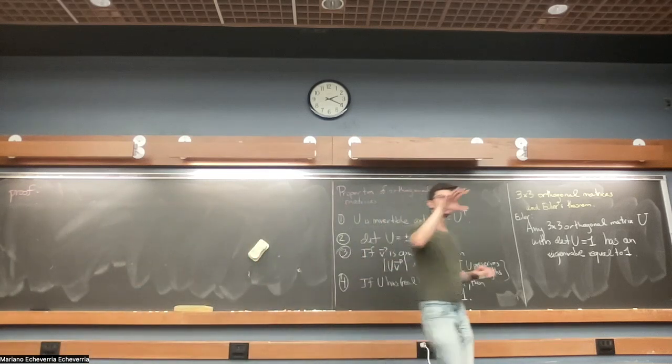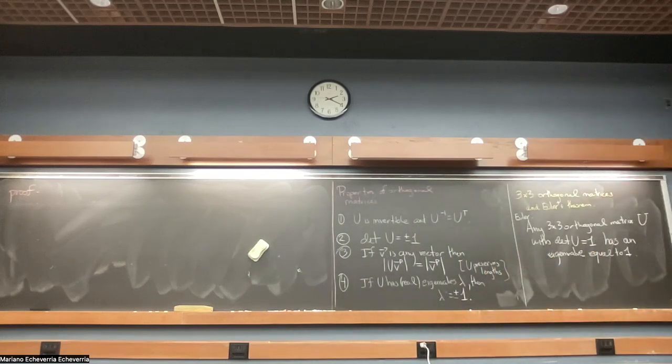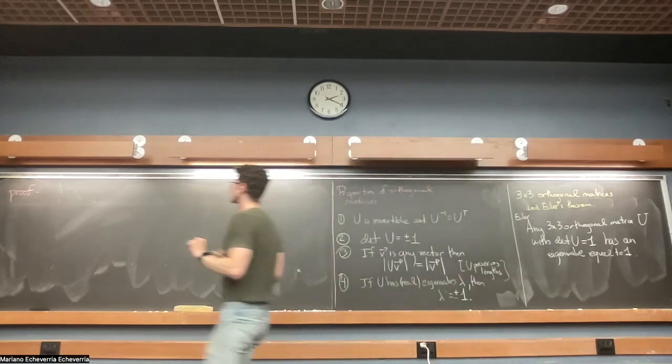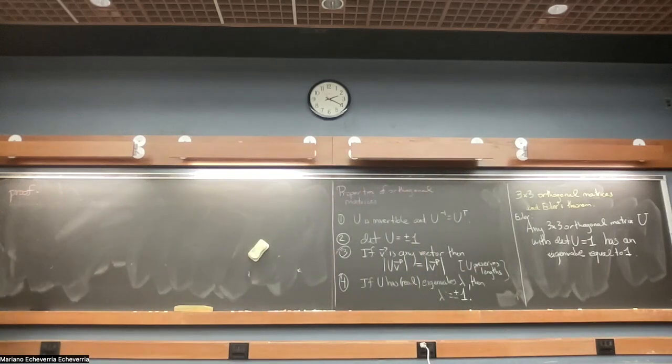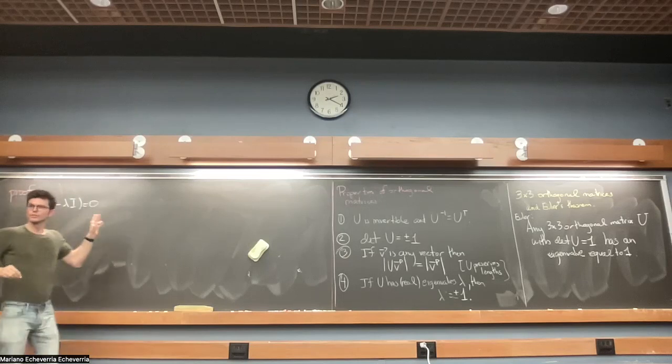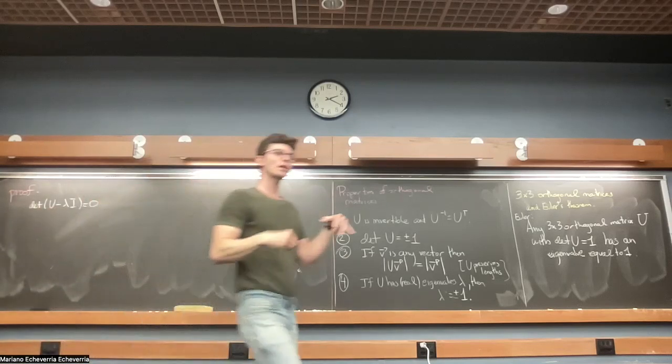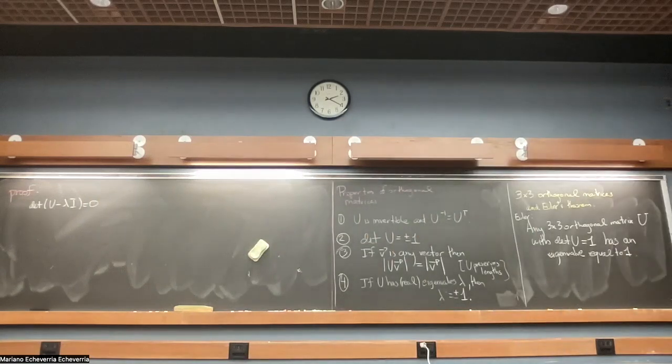Okay, who remembers what you had to do to find eigenvalues of a matrix? What equation did you have to solve? In this case our matrix is called U, so it's the determinant of U minus lambda I equals 0. That's what in general you have to solve to find the eigenvalues. But now I want lambda to be equal to 1.